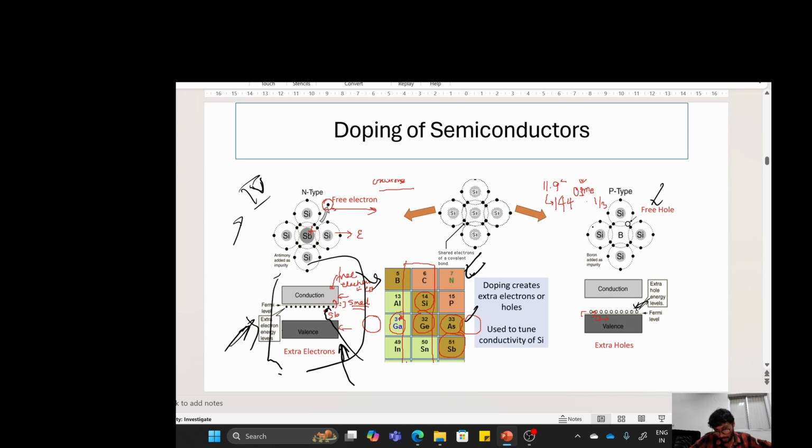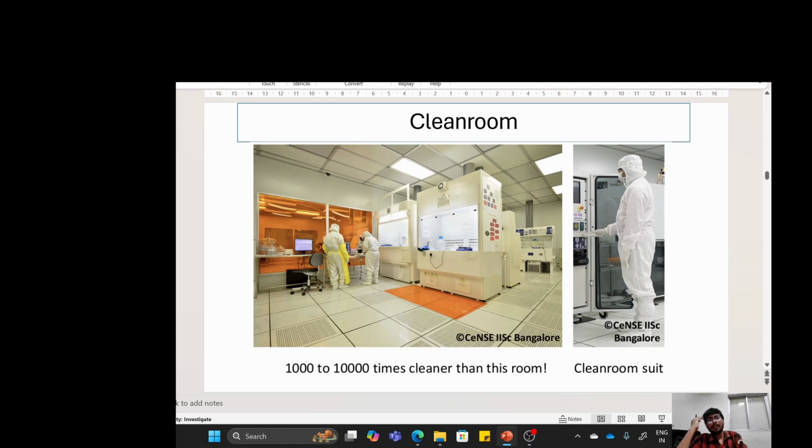So now, all these processes are done inside the clean room. Why? Let us take it step by step. First, you need to do the oxidation, dry oxidation, let us say.